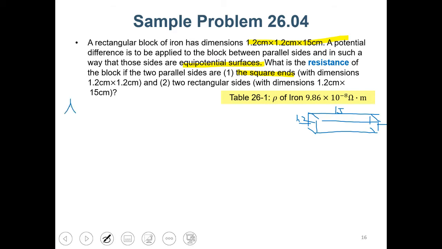So actually here the surface area is 0.012 squared, which is 1.44 times 10 to minus 4 meters squared.